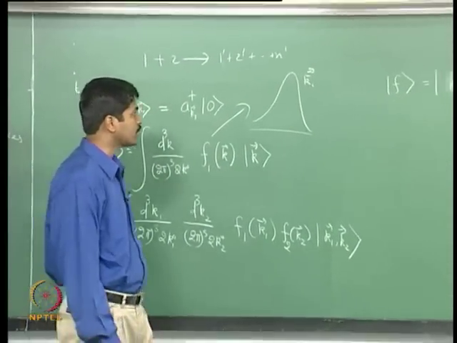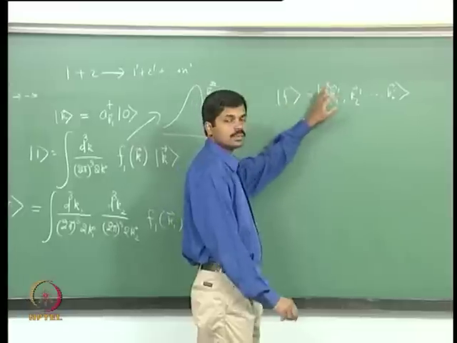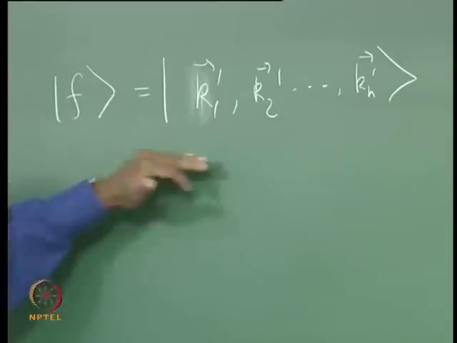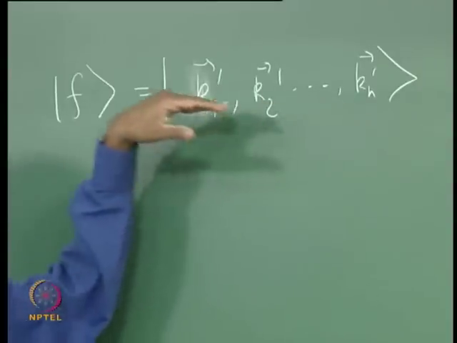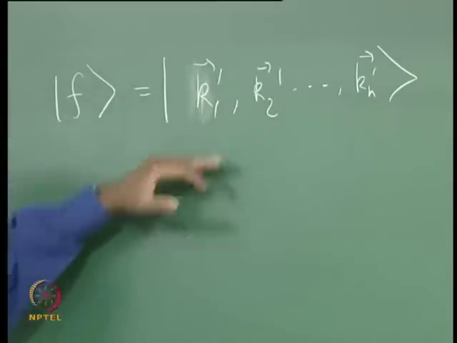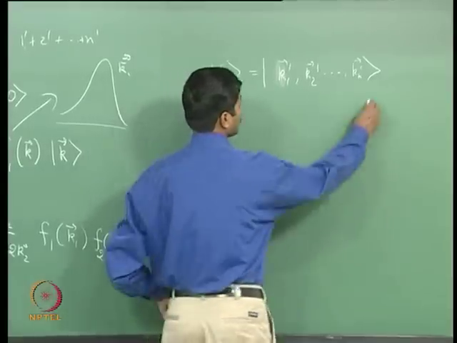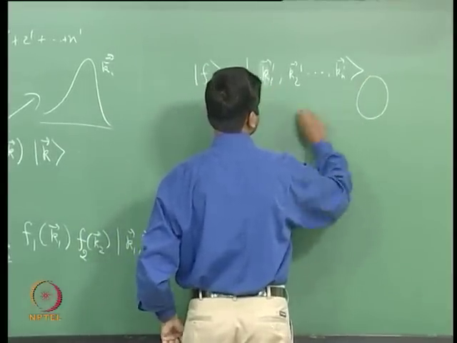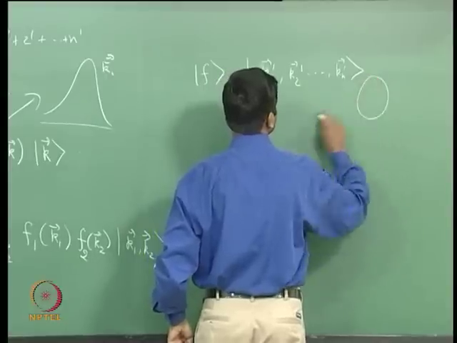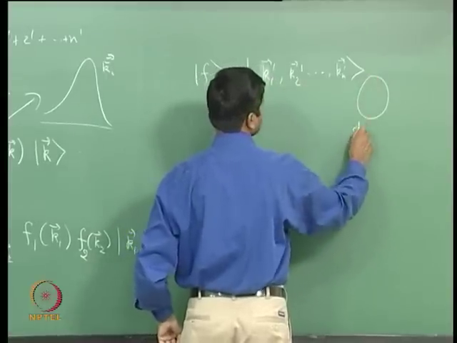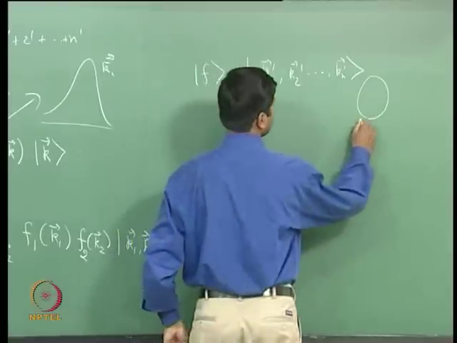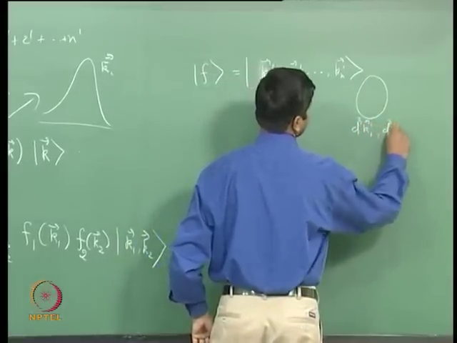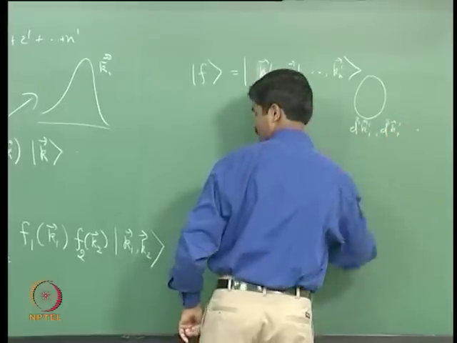Normally, the outgoing particles can have fairly well defined momentum. You can detect these outgoing particles by some detector which has very good resolution, so that you can consider these outgoing particles in some momentum range d^3k1 prime, d^3k2 prime, and so on.